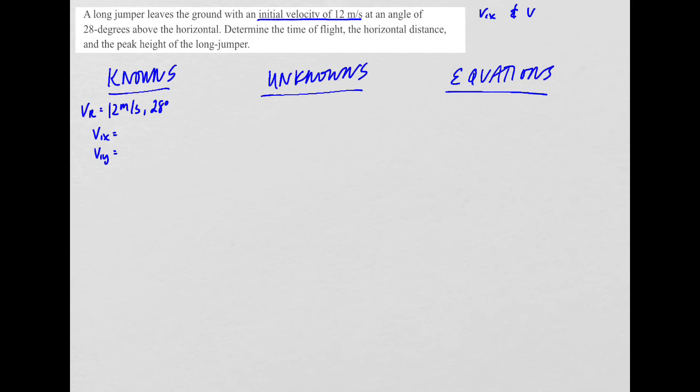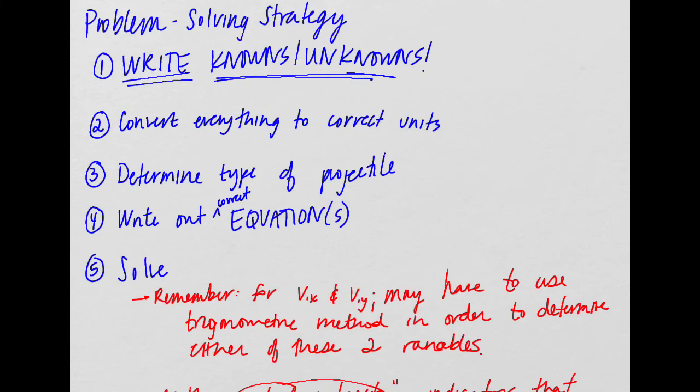So our unknowns: we want to know the time of flight, t. We want to know the horizontal distance, which is x. And we want to know the peak height of the long jumper. Remember, that is YP, peak height. All right, so before we do anything, let's do our vector resolution.